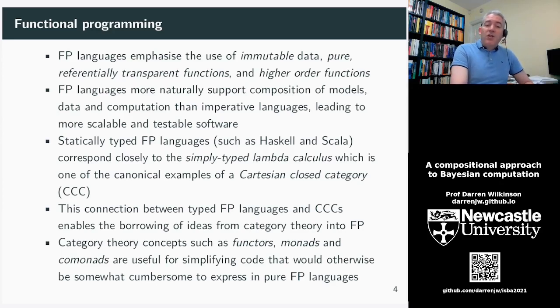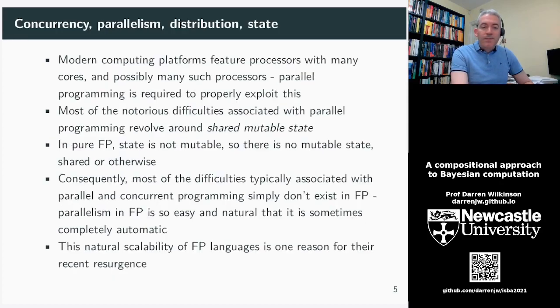And that connection is very useful because what it allows us to do is to borrow lots of interesting and sometimes slightly mysterious ideas from category theory, bring them into functional programming, and use them to solve problems in a much neater and more elegant way than we would otherwise be able to do in a pure functional programming language. So this is a very productive relationship between these two ways of thinking.